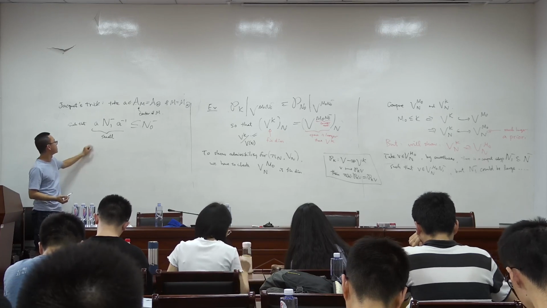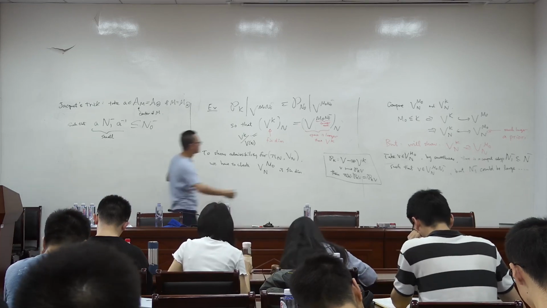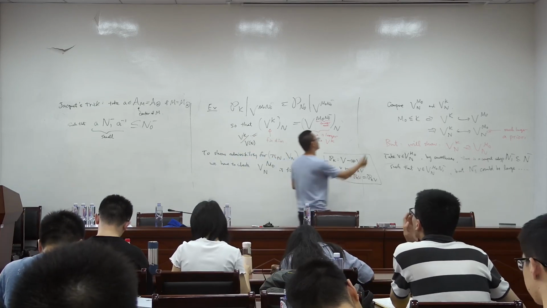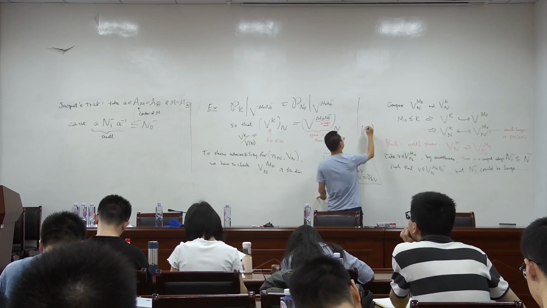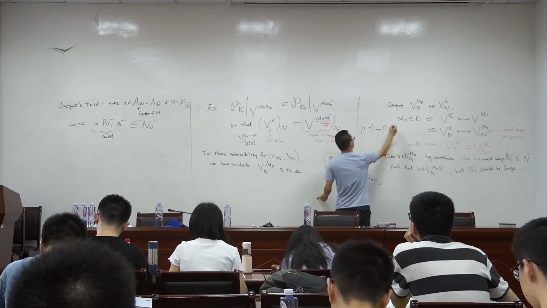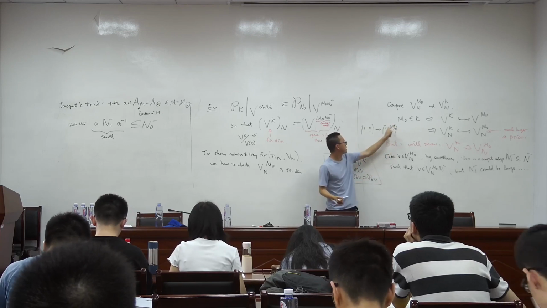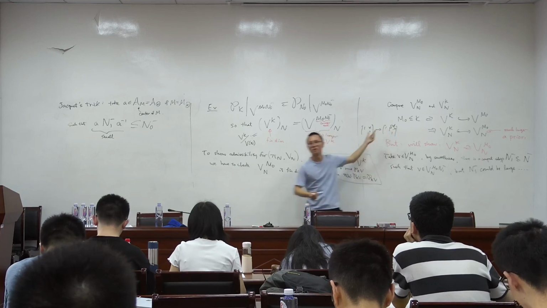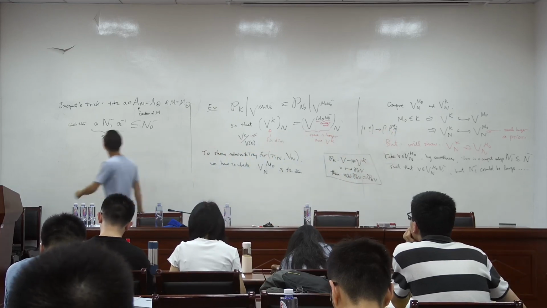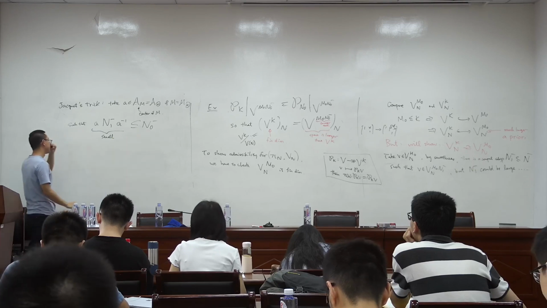Remember I did this trick for you. If you take A to be of suitable size, then an element like this goes to an element like this, then by controlling C and D, you can make this entry small. And I want it to be small enough so that it lies inside.